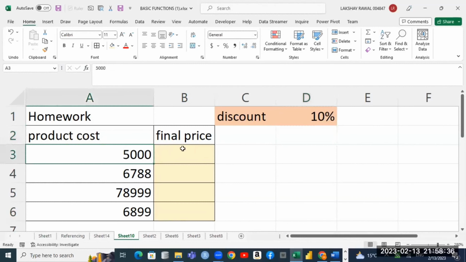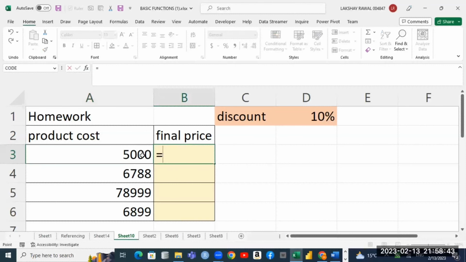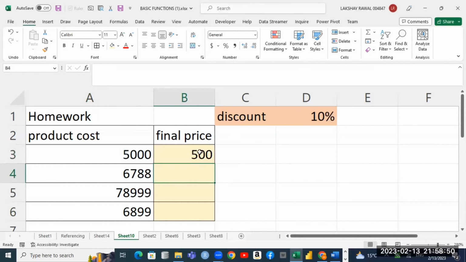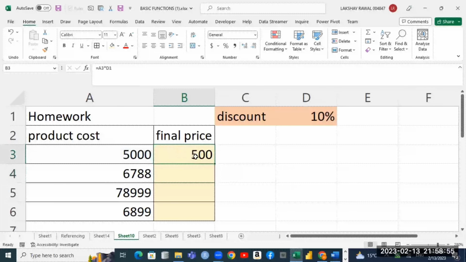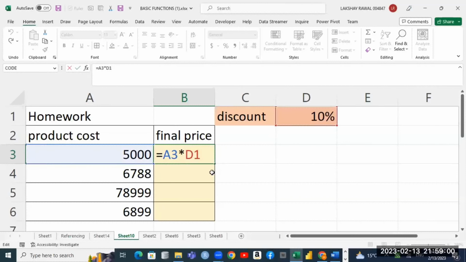How much will you pay to the shopkeeper? 10% of 5,000 is 5,000 into 10%, which is 500. 500 is the discount, but how much will you pay? 4,500 you will pay to the shopkeeper.